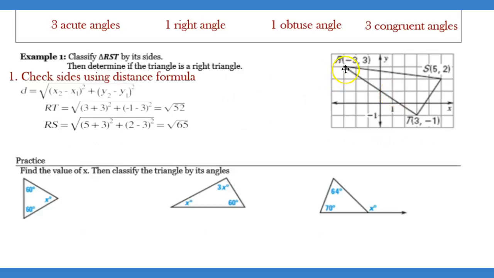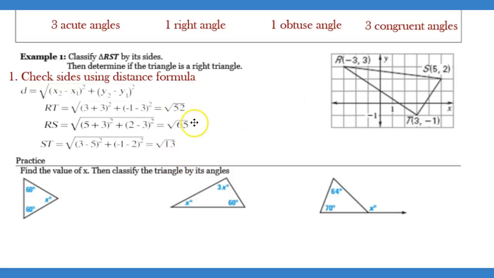So looking at RS, we say 5 minus -3 squared plus the difference of our y's squared, so 2 minus 3 squared, and that gives us the square root of 65. Then we've got ST, so 3 minus 5 squared is the difference of our x's, and -1 minus 2 squared is the difference of our y's, which gives us the square root of 13.